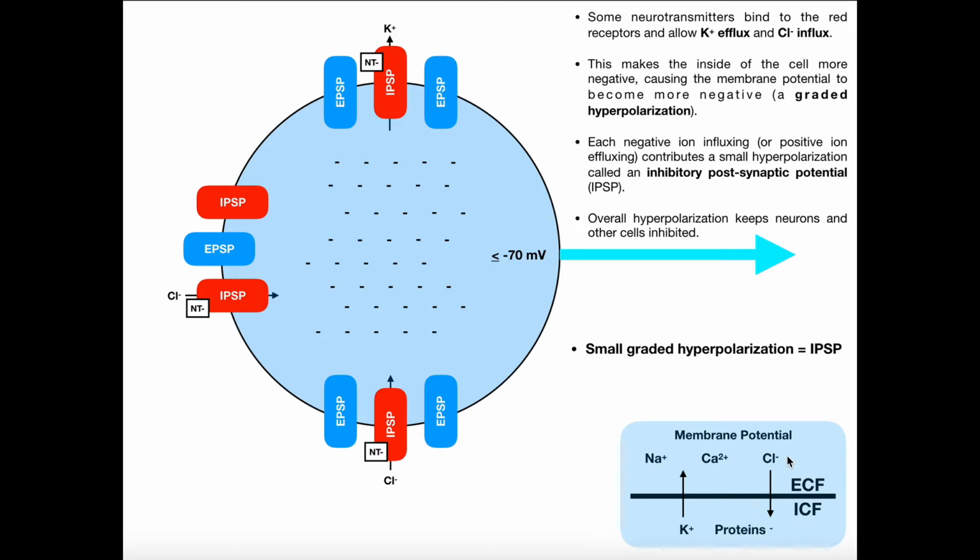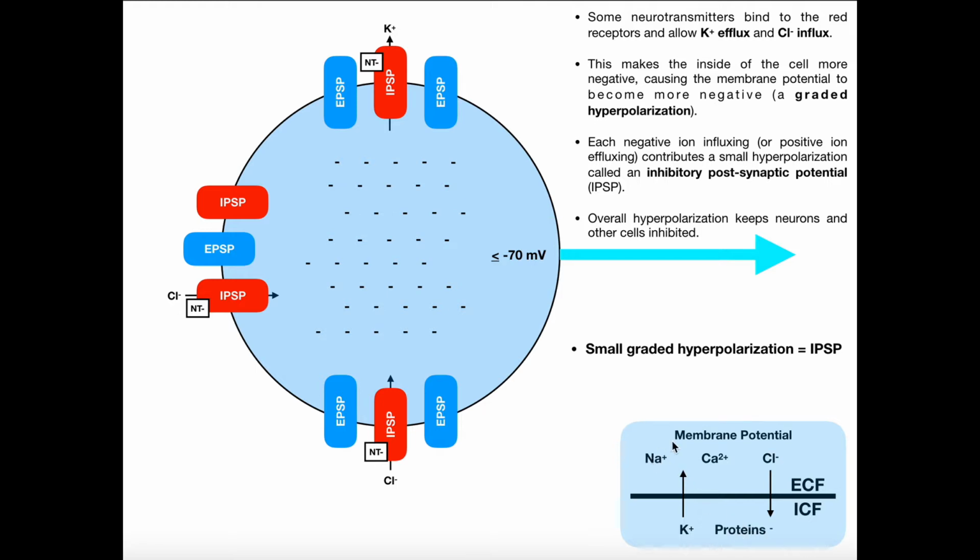The most obvious one of these is to just influx chloride. Chloride is a negatively charged ion. It's an anion. And so if we move chloride into the cell, that would clearly make the inside of the cell more negative. Proteins are stuck here. They actually contribute to the negative charge that's there already, but they don't move, so we can't do anything with these.